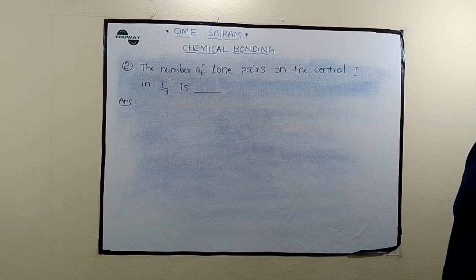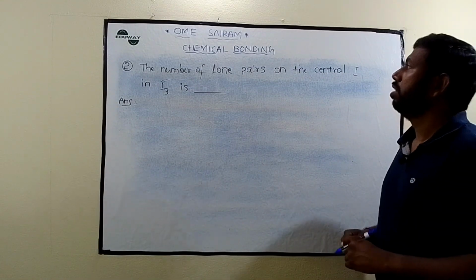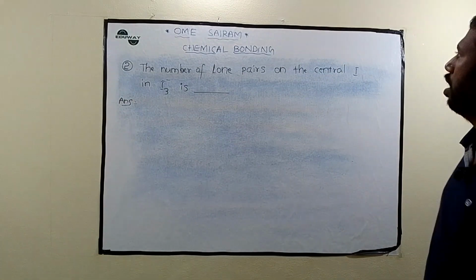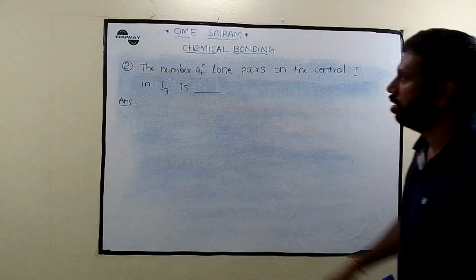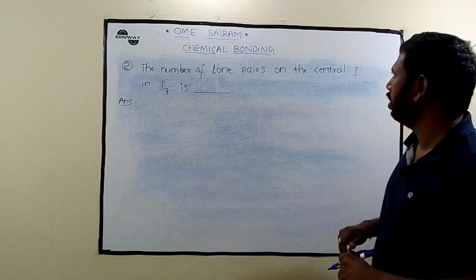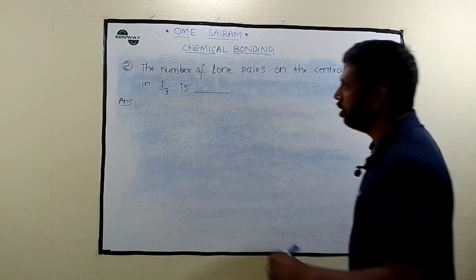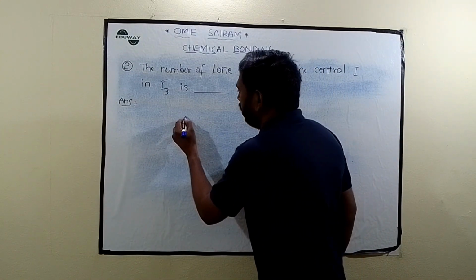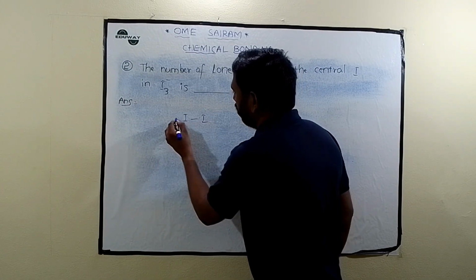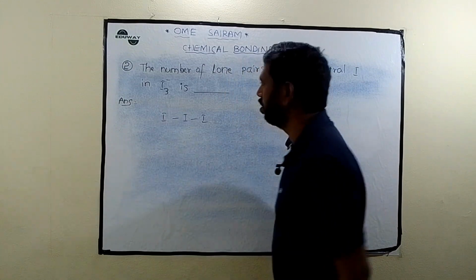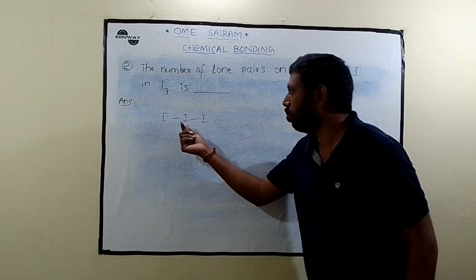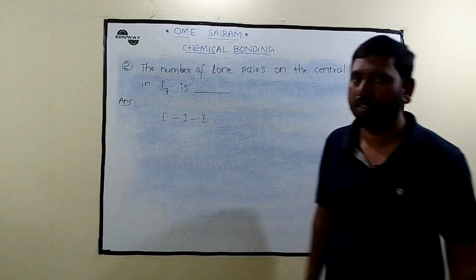Okay. Second question from chemical bonding. The number of lone pairs on the central iodine in the I3 minus ion is. Here is the I3 minus ion. This is the central iodine. We have to find out the number of lone pairs on the central iodine.